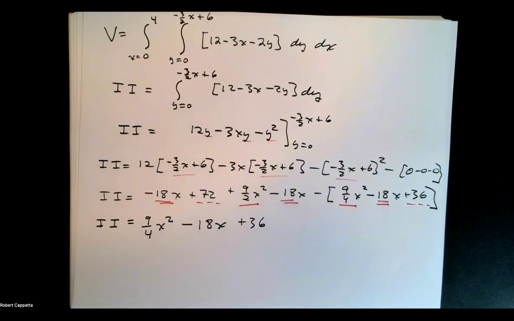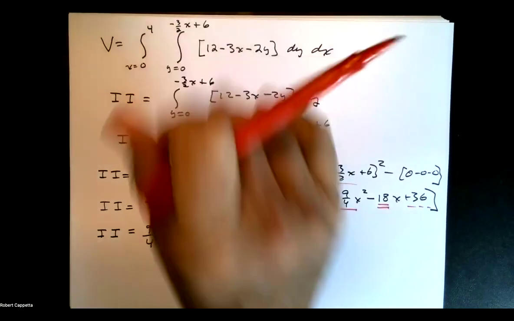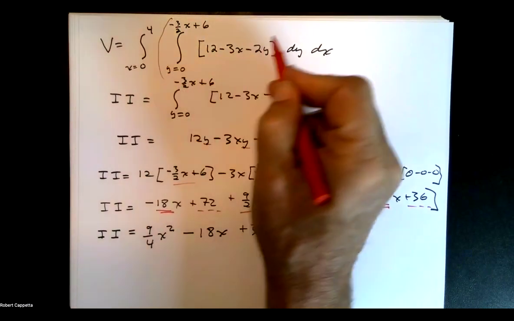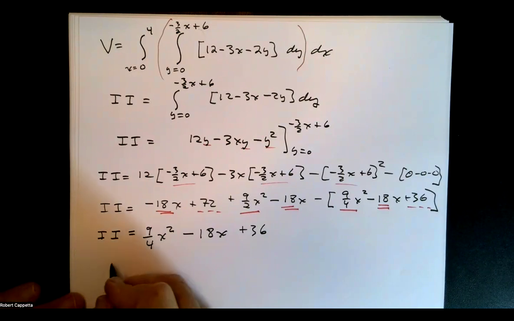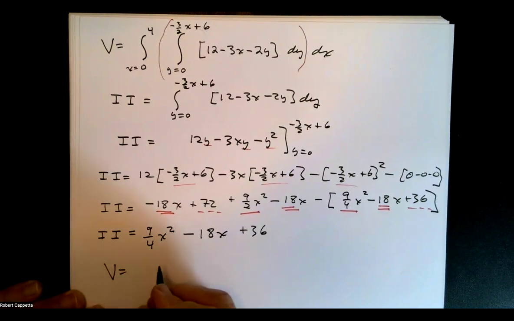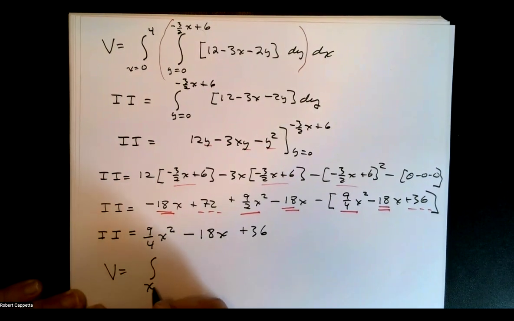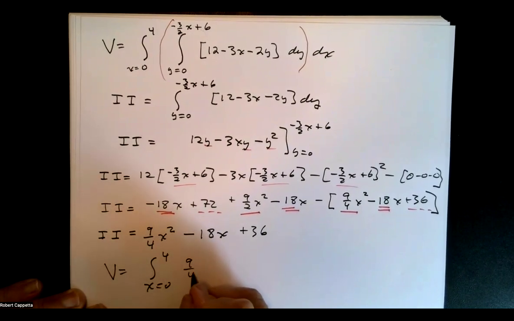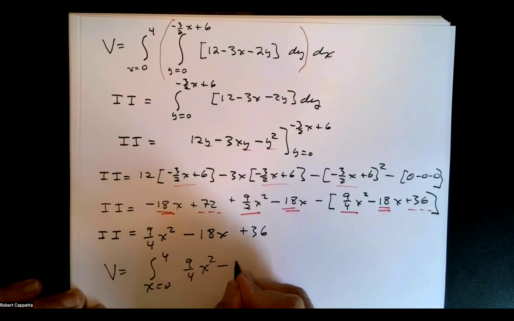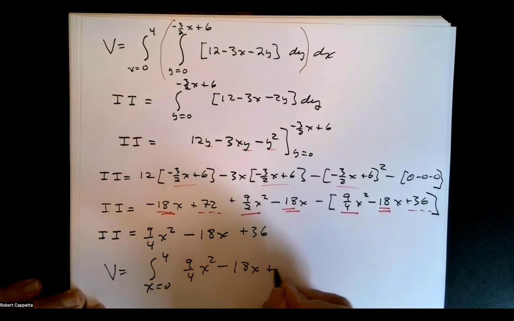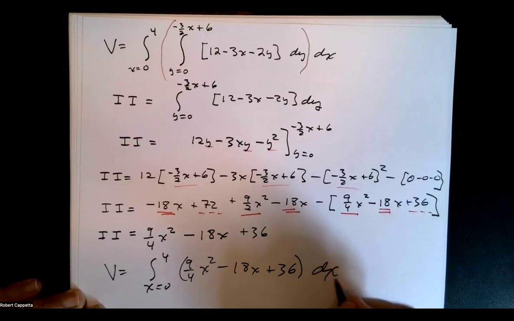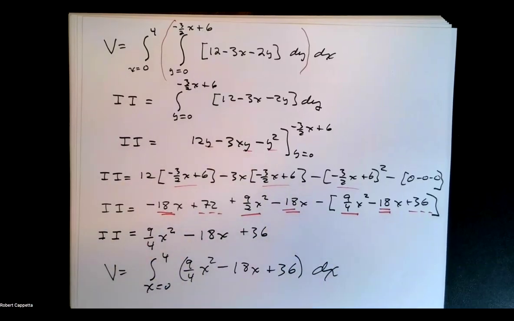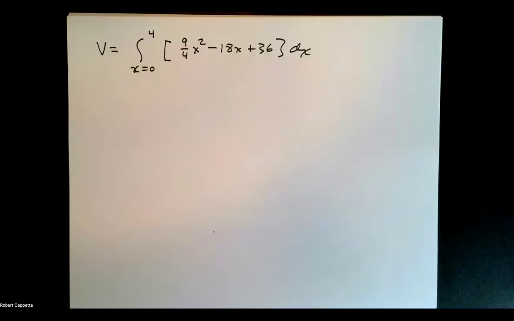That is my inner integral, so that will replace everything in here. So what will our volume be? Our volume will be the integral as x goes from 0 to 4 of 9/4 x squared minus 18x plus 36 dx. One more integral to do, and that'll give us the volume of that tetrahedron.